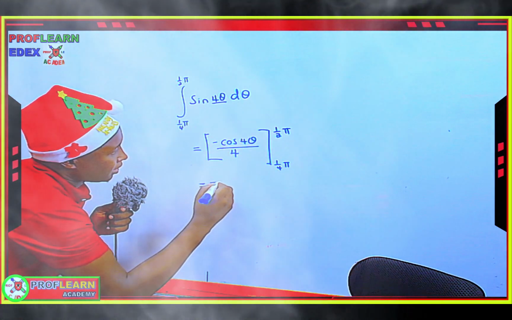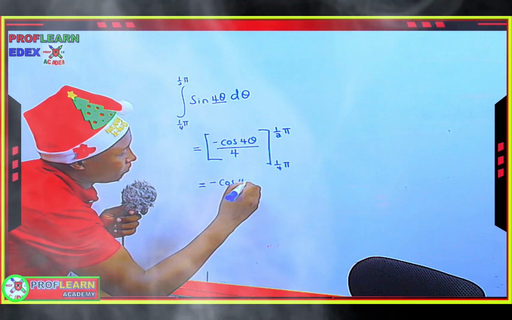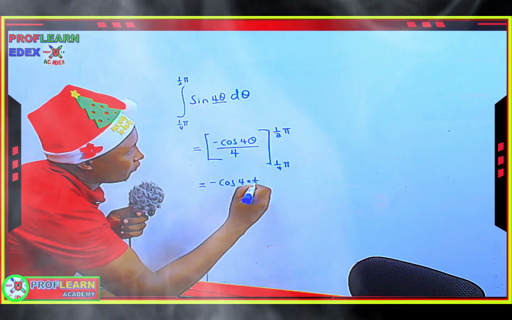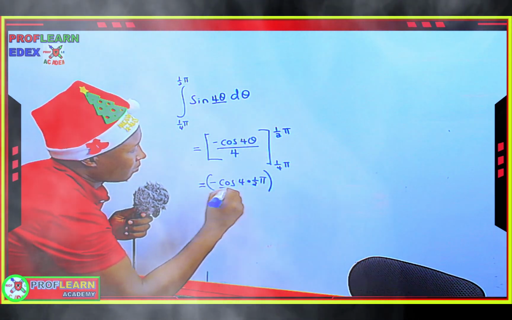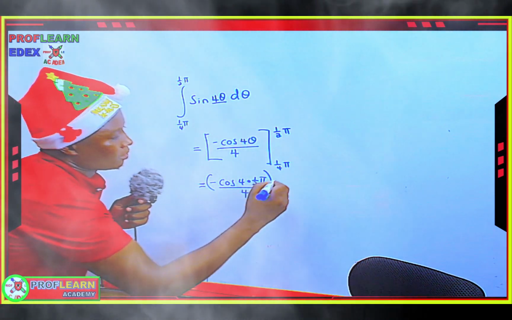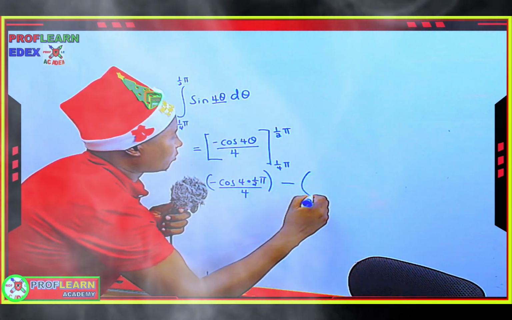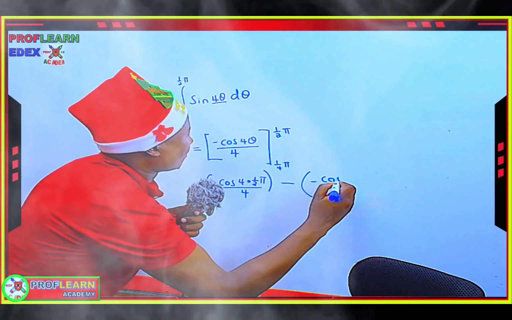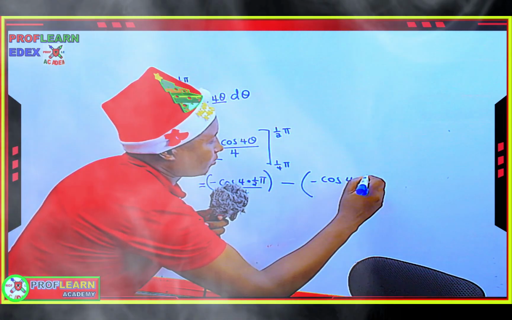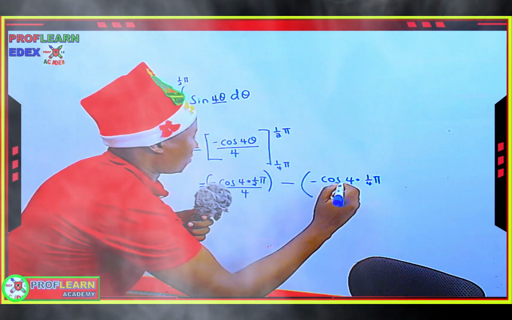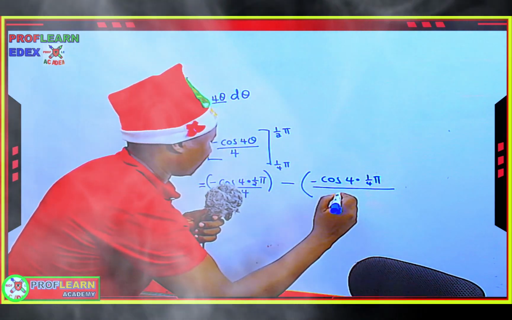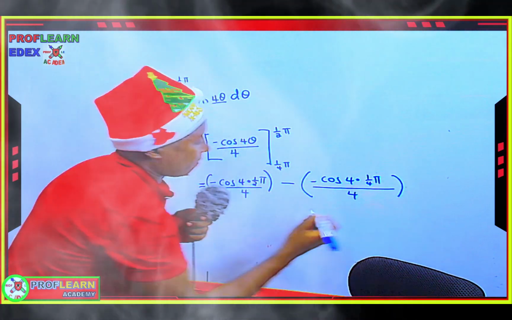We're going to say this: minus cos 4 times 1 over 2 pi, over 4, minus, into bracket, minus cos 4 times 1 over 4 pi, over 4.